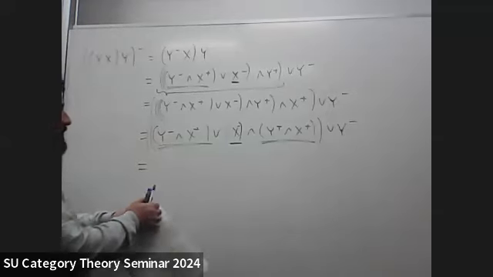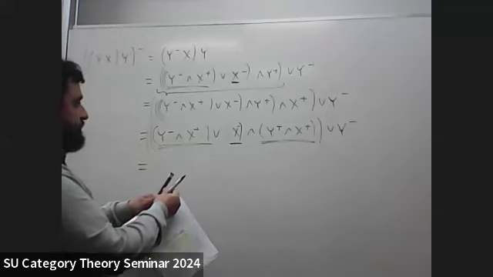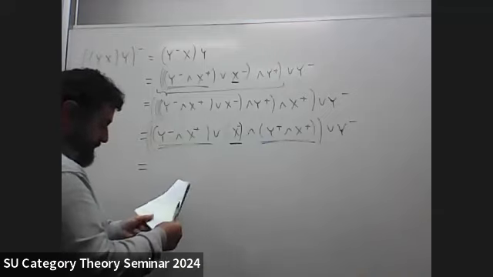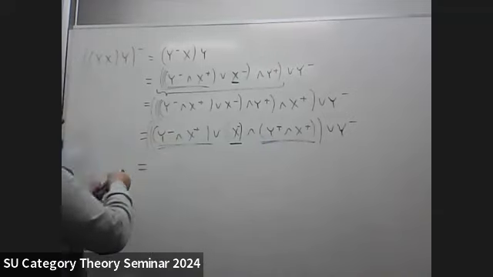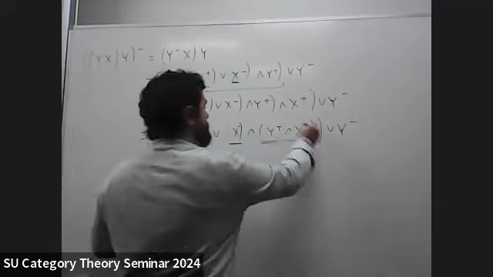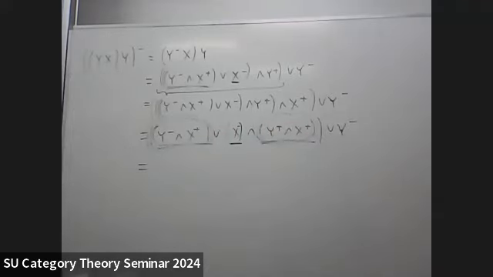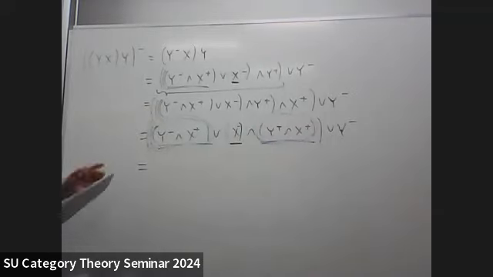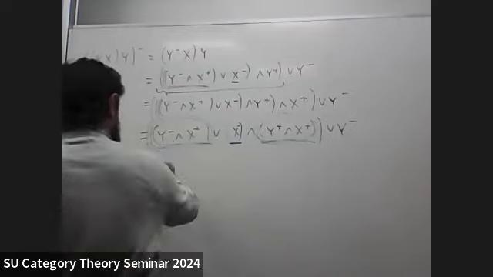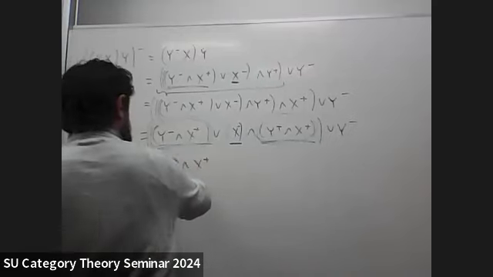And so for that, I need to make sure that this part is less than that part. But it is, because it's y minus and y plus there. I also need the fact that x is a subfactor in order to ensure that all these requirements of normality hold before I can apply the modular law. And then I apply the modular law, and I get the following.